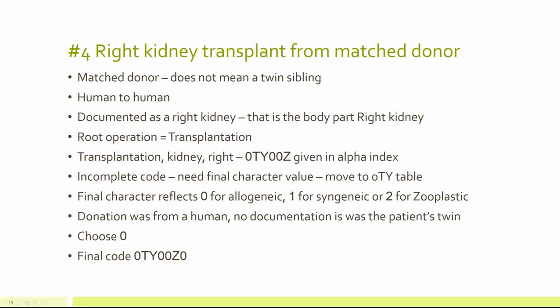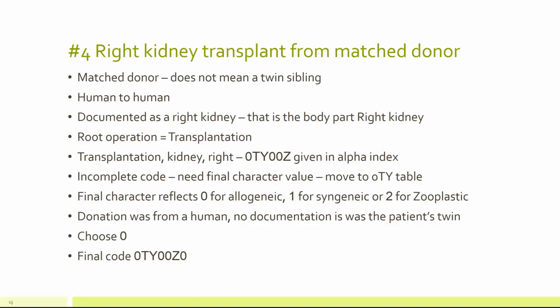Number 4, the patient's having a right kidney transplant from a matched donor. It does state matched donor in the clinical information. It doesn't say it's twin. It just says it's a matched donor, meaning it's from another human being. It's also noted that the kidney that's being transplanted came from the donor's right side.